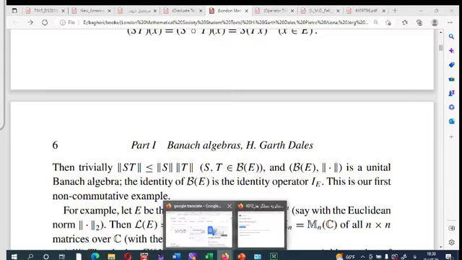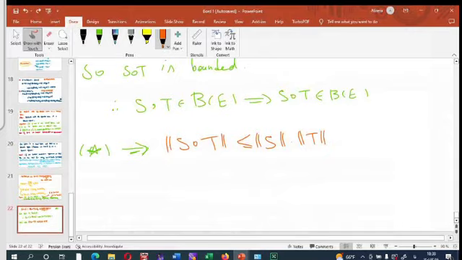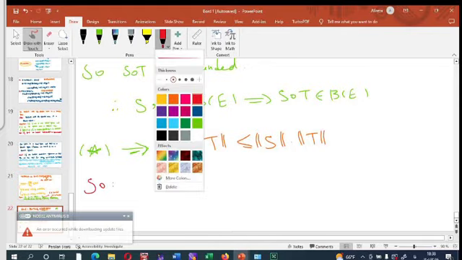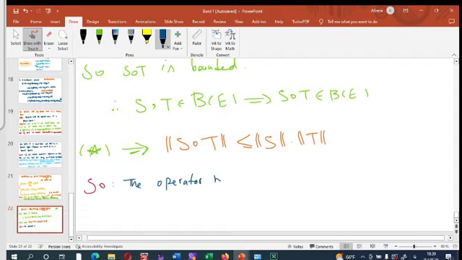Okay, so the operator norm is an algebra norm on B of E, and this is very important.